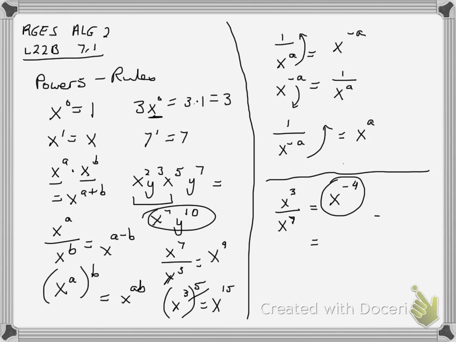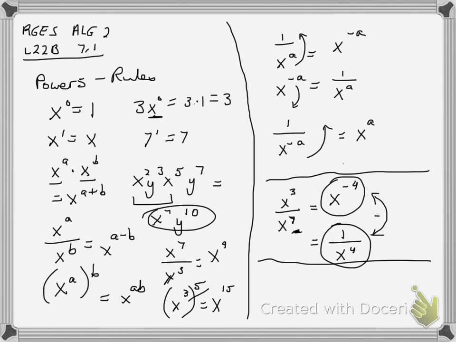Or I could decide that, okay, I have more x's in the denominator. 7 minus 3 is x to the 4th still in the denominator. And notice from above that these two answers are equivalent. So that would be the practical use of that.